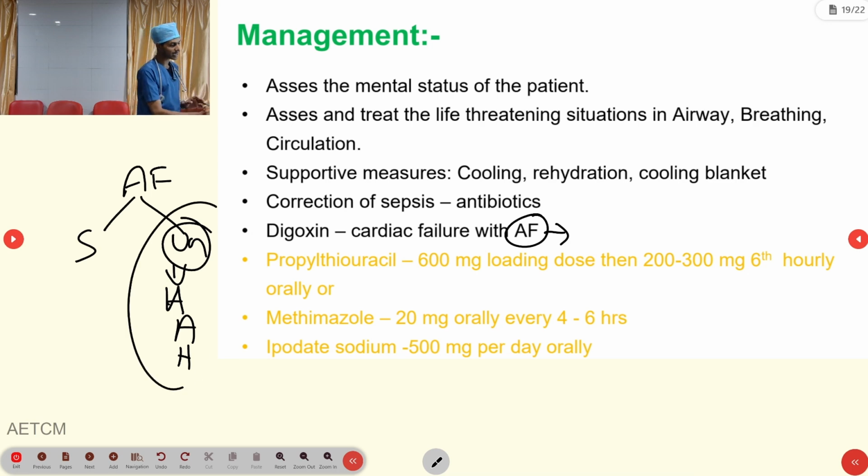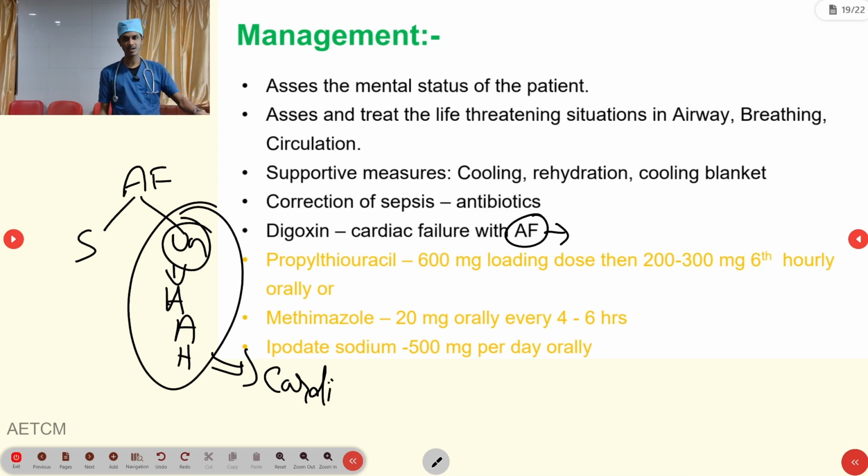If you find any such instability, straight away you go with cardioversion. You have to consider sedation and then do the cardioversion.